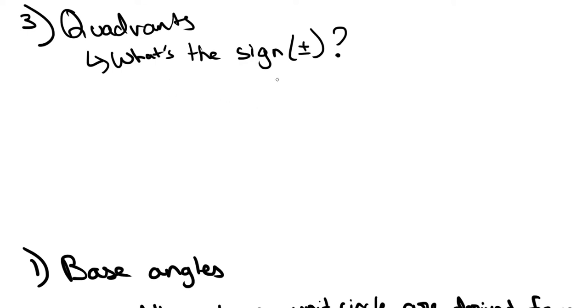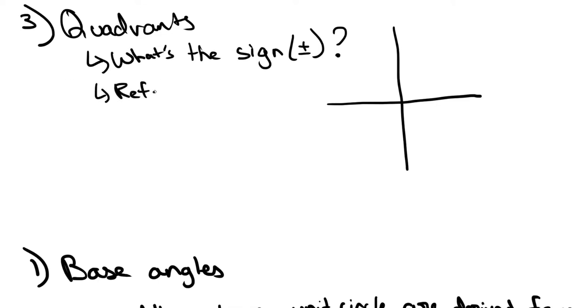And now is when you need to know your quadrants. And what I like to do is visualize this on the graph. So I'm going to teach you what are called reference points you can use, and that's not referee, by the way, it's reference, which you can use to determine which quadrant it's in.